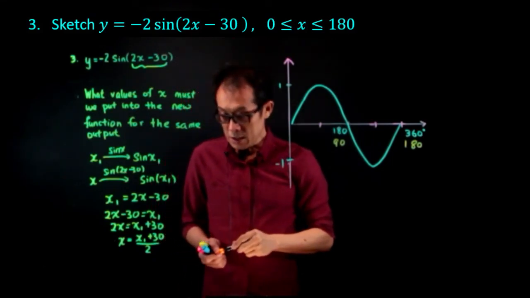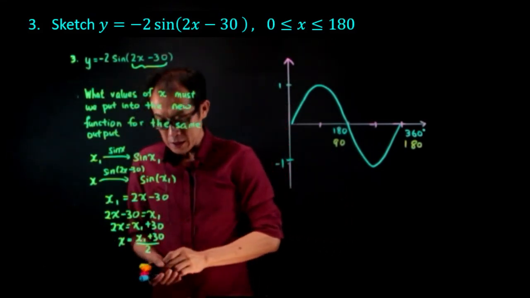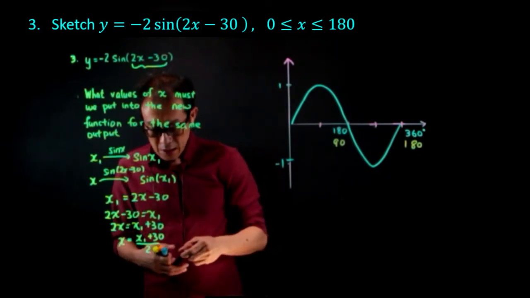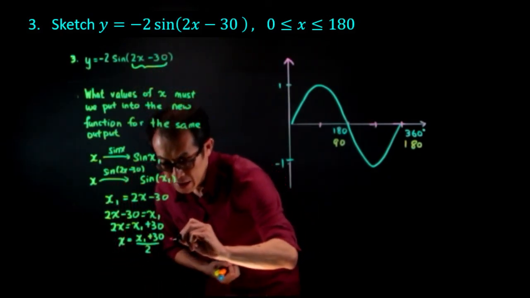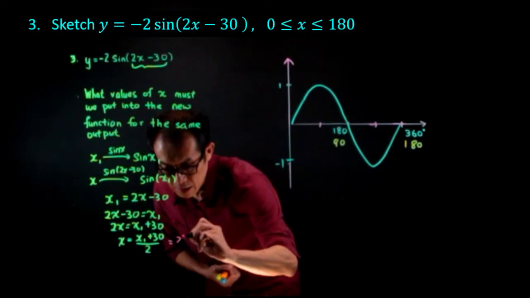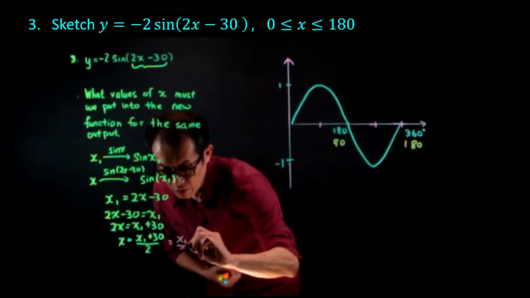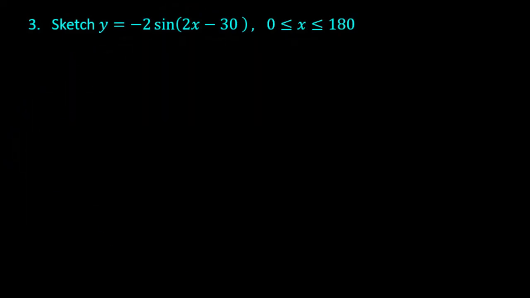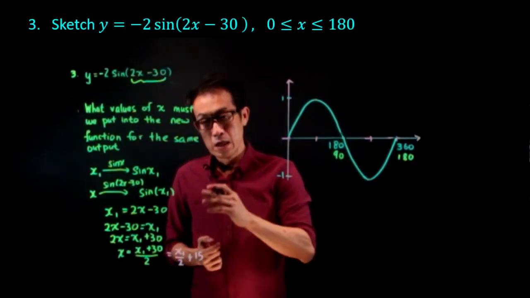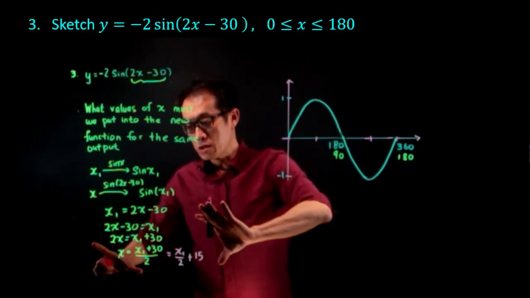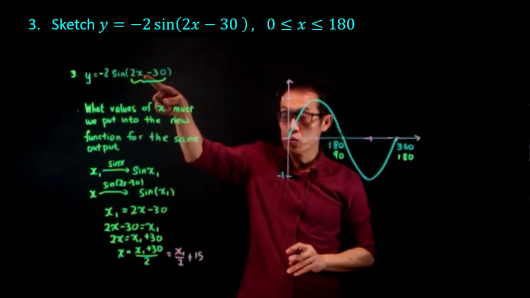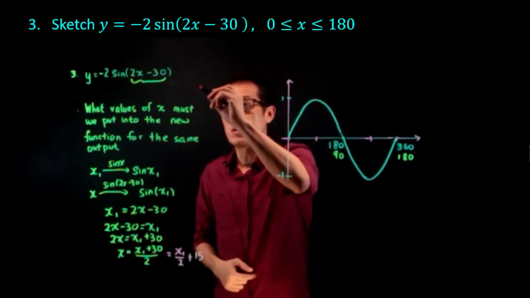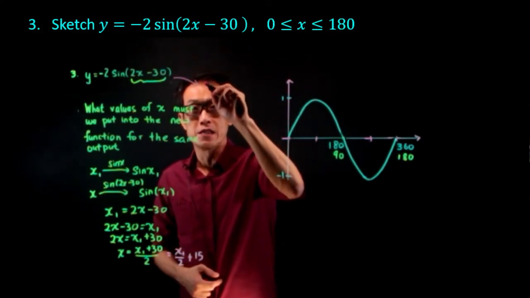Now, let's look at this equation. This equation can be rewritten as x over 2 plus 15. There's a shortcut to this. Instead of having to do all this long working, if we want to do the 2 first, normally what we do is a factorization.